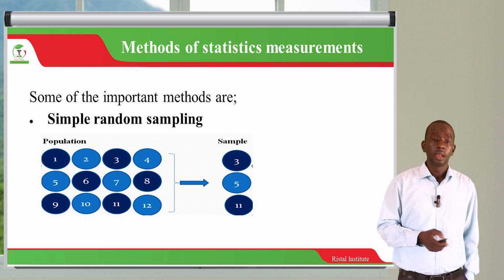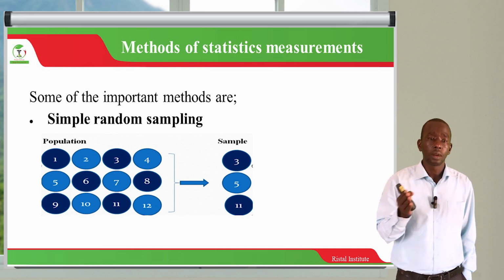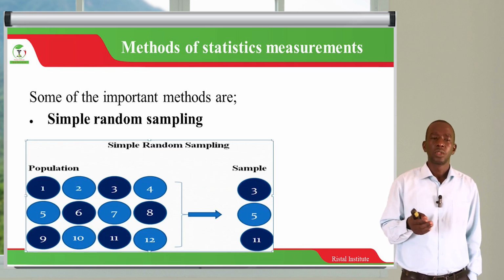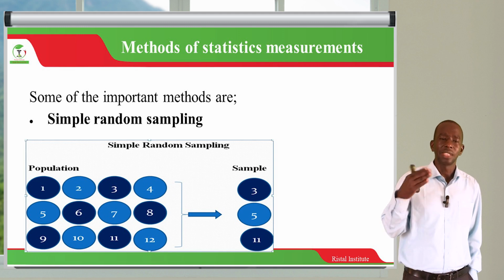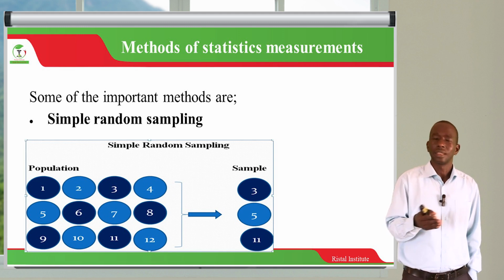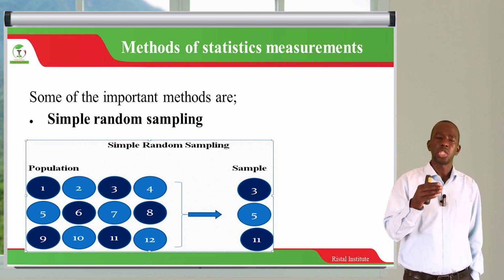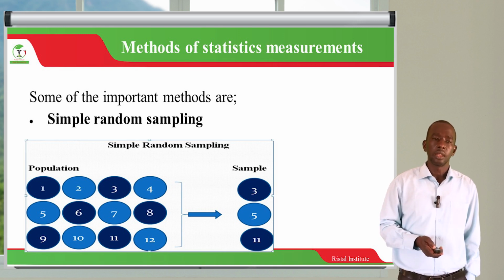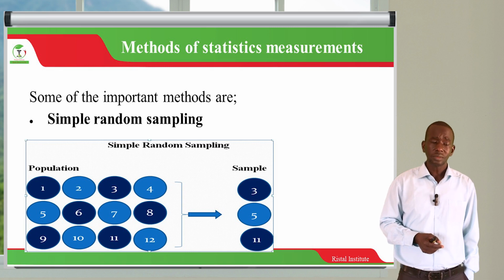By the way, simple random sampling is the easiest method of selecting the sample, but you'll also see other methods used in selecting the sample.